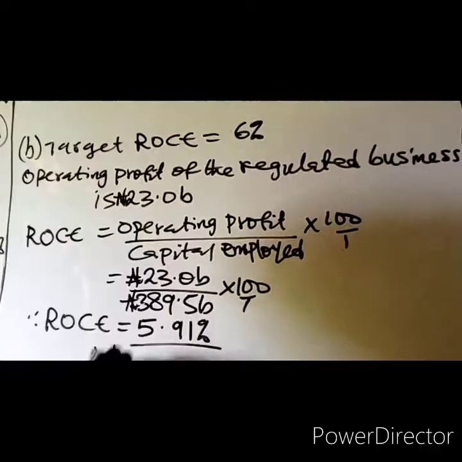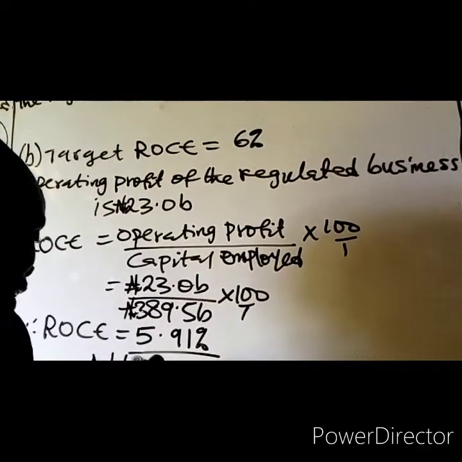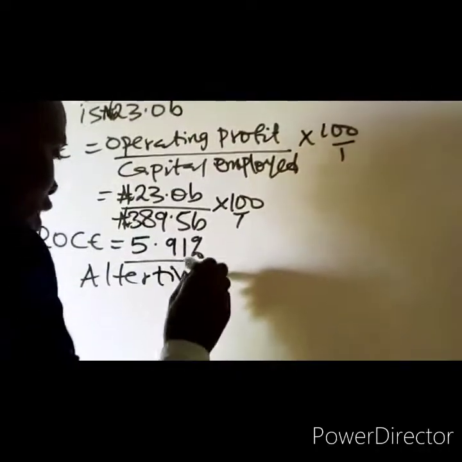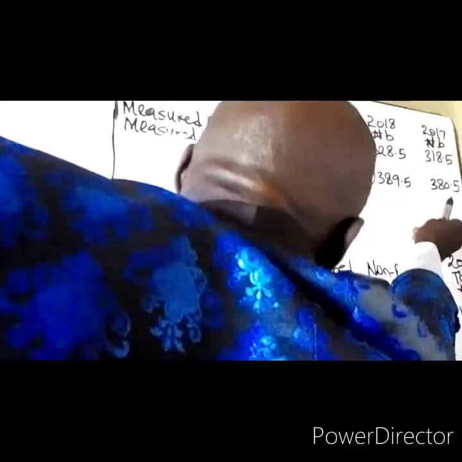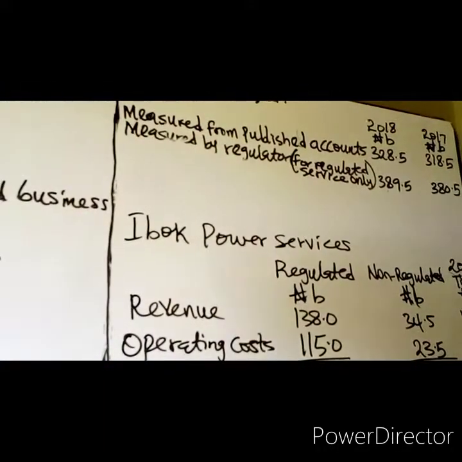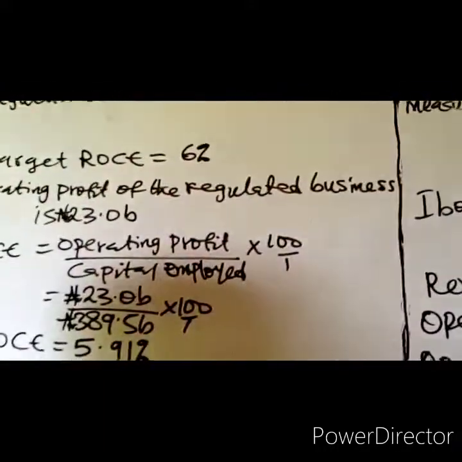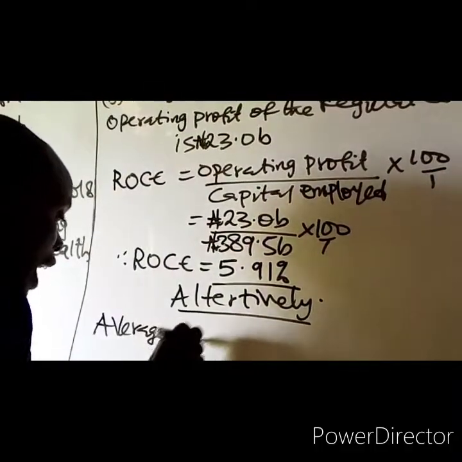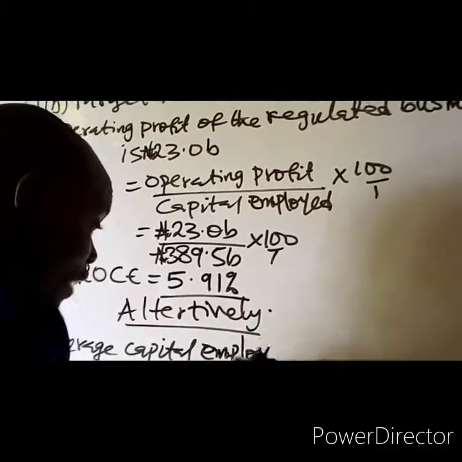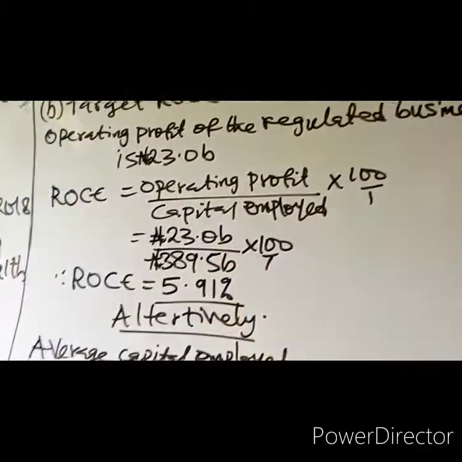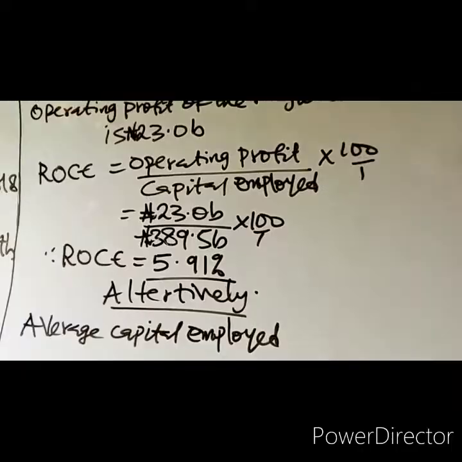Alternatively, if you don't want to compute it that way, you may use the average capital employed set by the regulator. The average will be 389.5 plus 380.5 divided by 2. The first one I computed only used the capital employed for 2018.